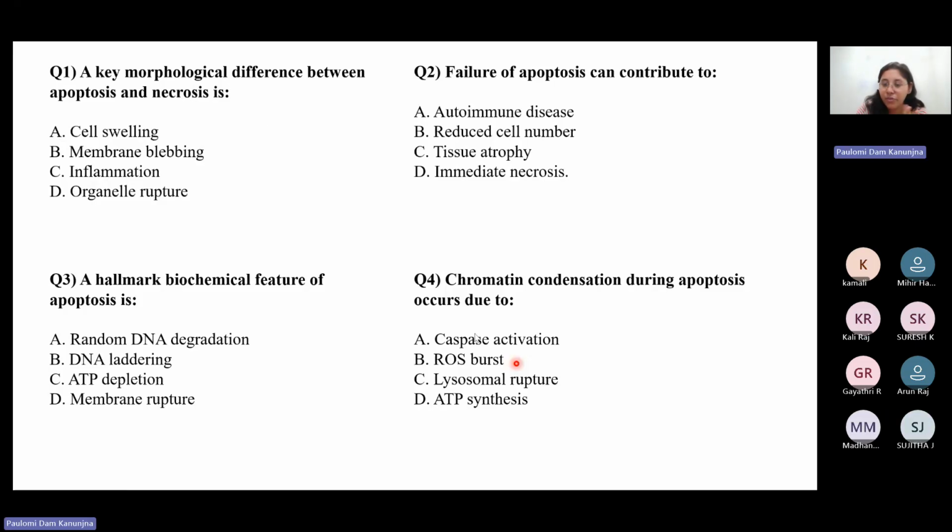Okay, few more and then I will... Okay. Read the question properly, okay? Morphological feature, not process.